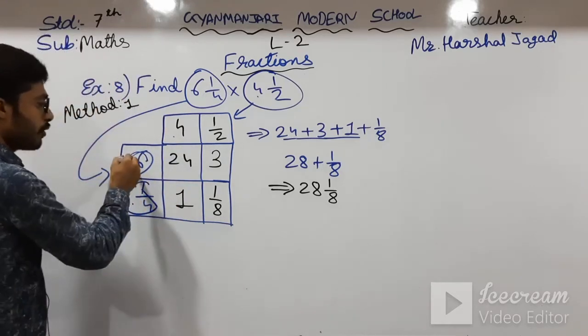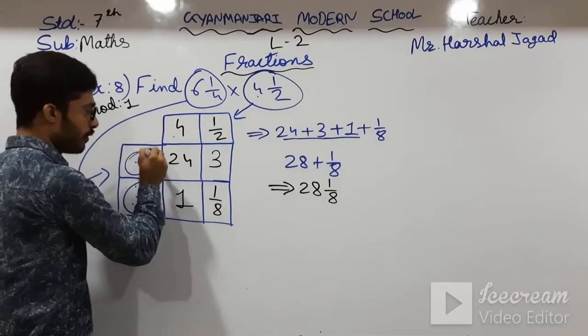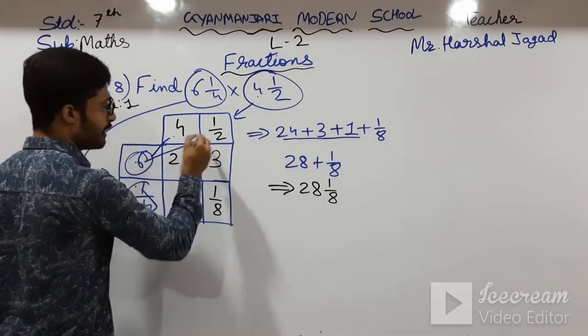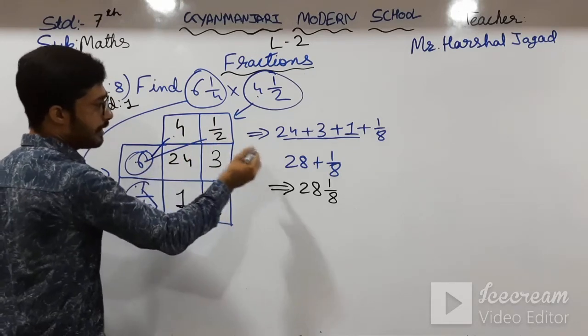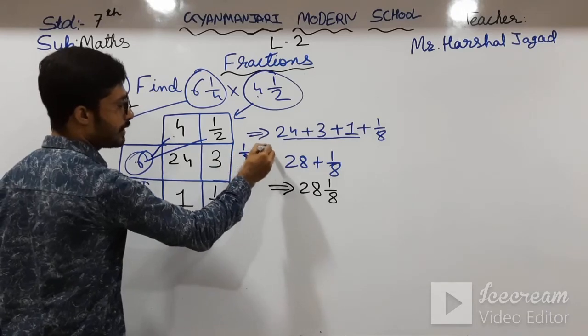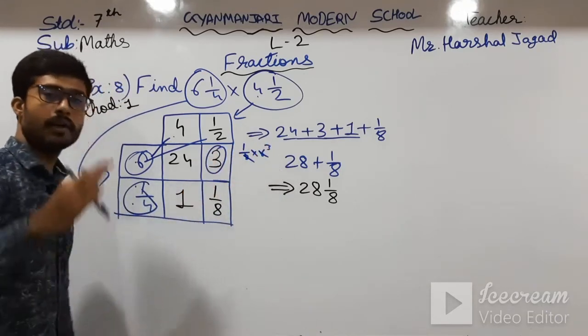First of all, we multiply 6 into 4, that is 24, and then we multiply 6 with 1/2, that is 2 3s are 6, so we have written here 3.